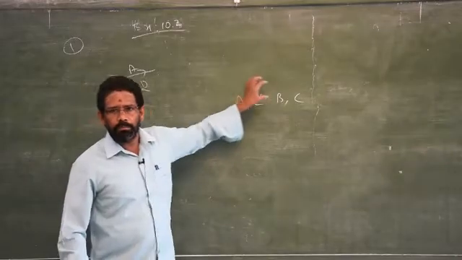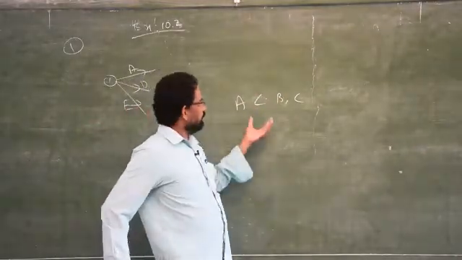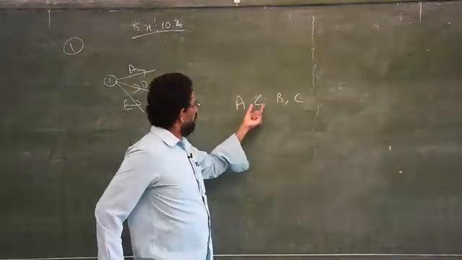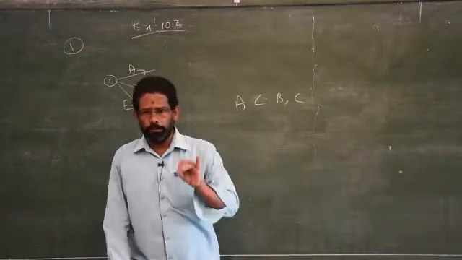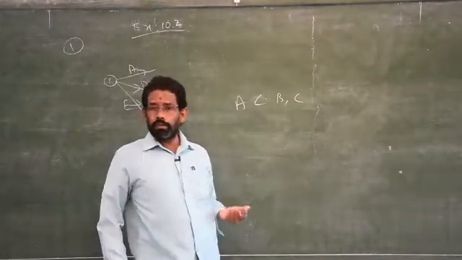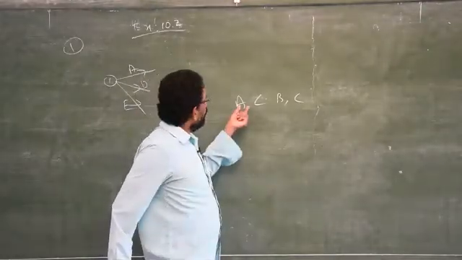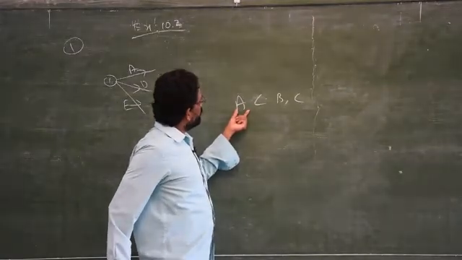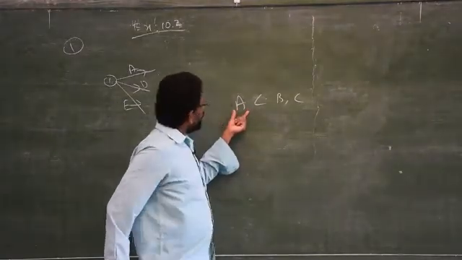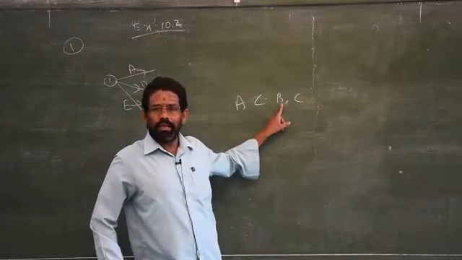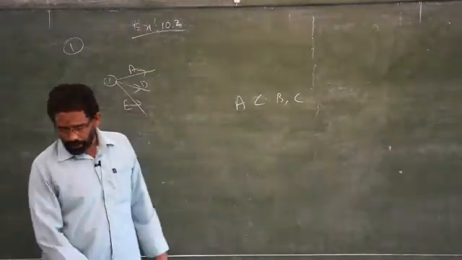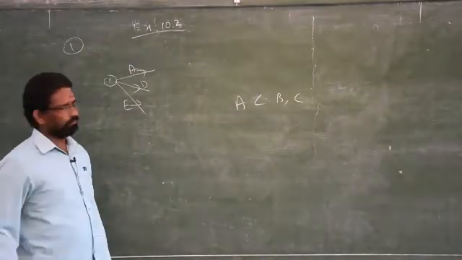A is smaller than BC; mathematically we can read it like that. But according to PERT, when activity A is completed, from A you have to start activities B and C. Clear?